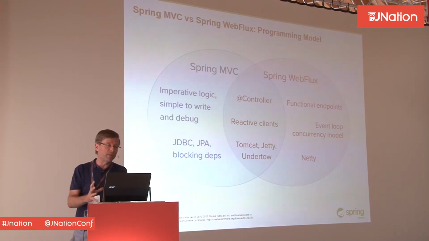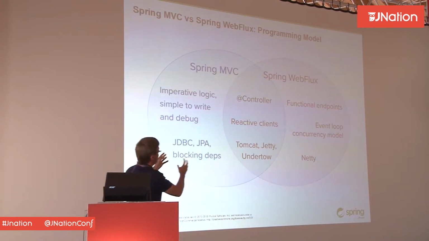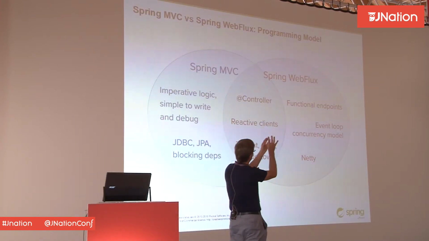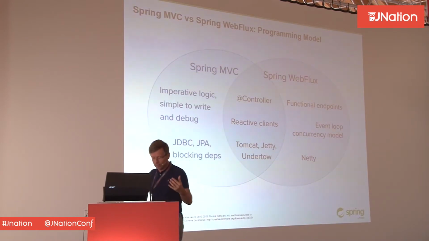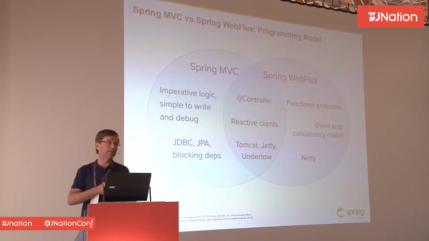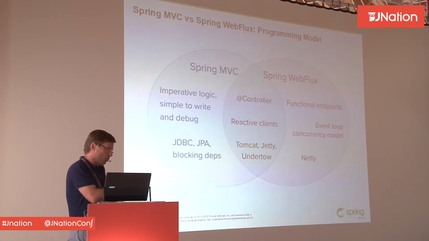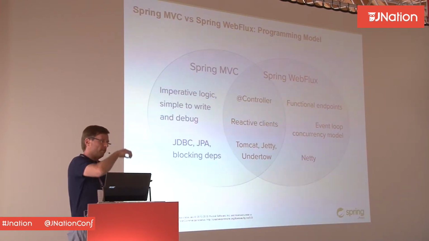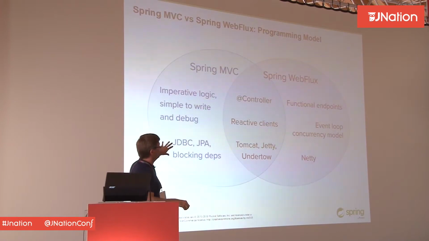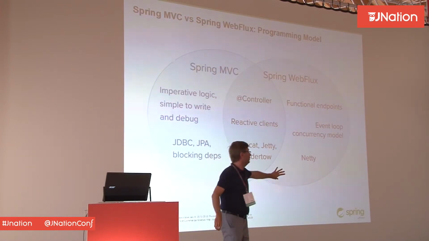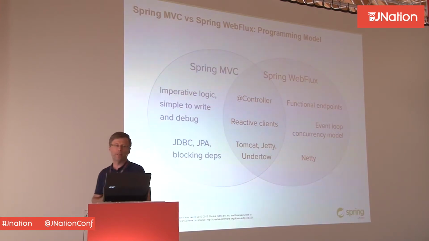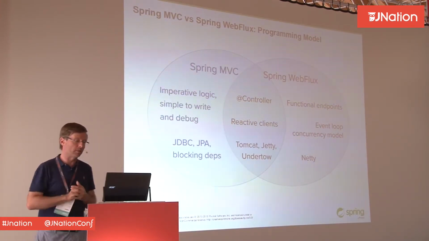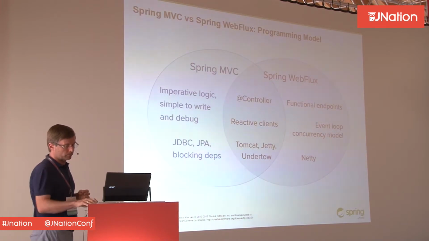You can choose to use them as servlet containers in Spring MVC or as reactive HTTP servers over here. Undertow is actually a fine example here because Undertow is the HTTP server underneath Wildfly, and it comes as Undertow core and Undertow servlet sitting on top of Undertow core. Here you need Undertow servlet, here you only need Undertow core. So Undertow has a very strict separation between its servlet-based and non-servlet-based usage models.